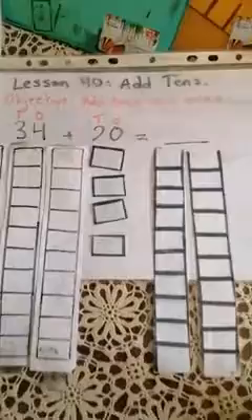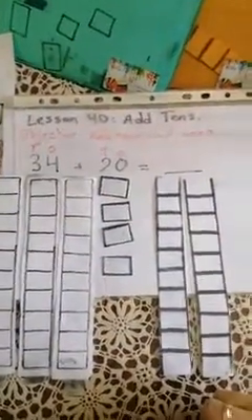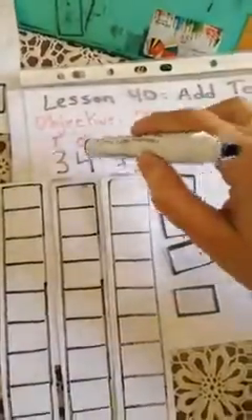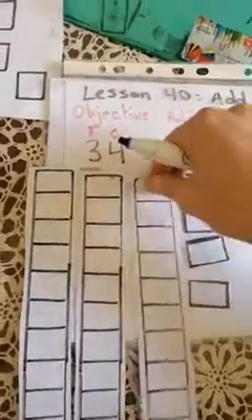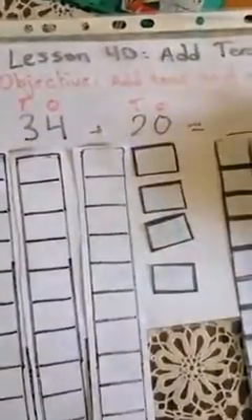Start counting with the ones. How many squares of ones? We see that we have only 4 squares of ones for the 4 here. 0 ones, so 4 plus 0 is 4.